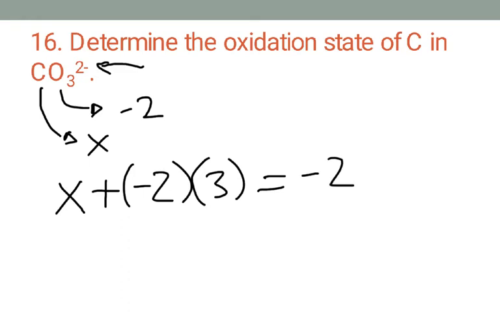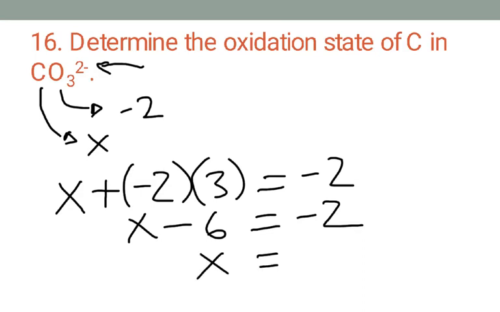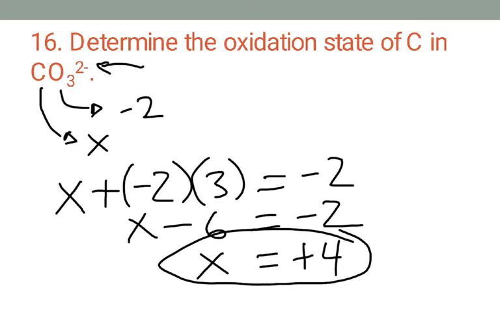So let's solve for X. So we have X minus 6 is equal to -2. So X is going to equal +4. So that's the oxidation state of carbon in the carbonate ion.